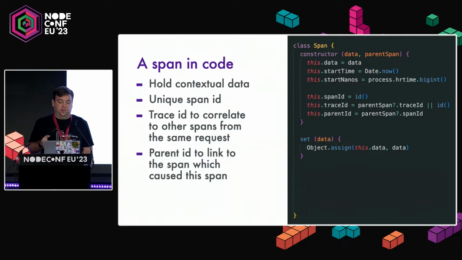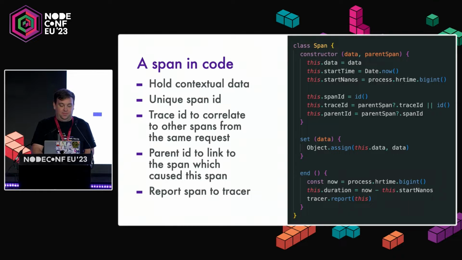Generally you should use the parent ID instead of linking directly to the parent, because if you link the actual objects, then you can use a lot of memory and can, in weird cases, cause memory leaks. So don't do that. And then when the span ends, it'll compute a duration or do timestamps at the start and end. Every tracer does it a little differently, but you're trying to measure some time and then report the final result to your tracer.